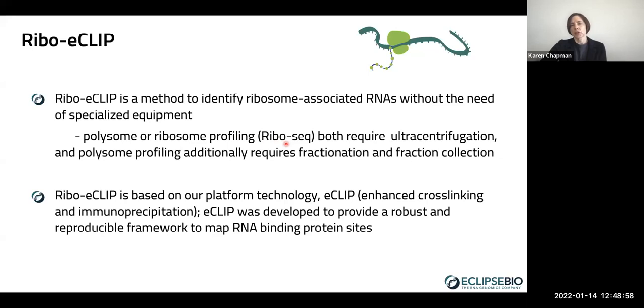Both of these methodologies are based on sucrose gradient sedimentation, requiring ultracentrifugation, fractionation, fraction collection, and library prep from those fractions, et cetera. So RiboE-CLIP, and we've actually developed a simpler, easier version of it, is a way to skirt around some of these technical challenges and get this data around ribosome load.